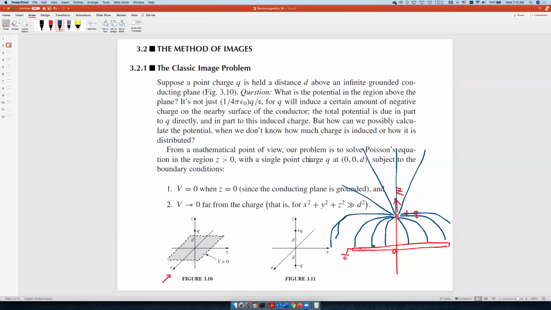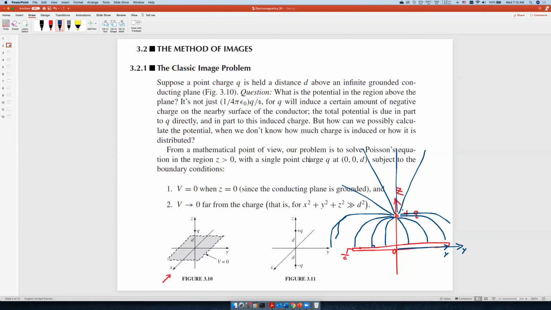Then the induced charge doesn't have any component in, let's say, the y direction. Let's say this is the y direction. It doesn't have any components in the y direction to move the charge along the plane.